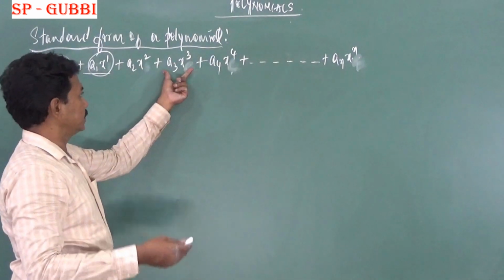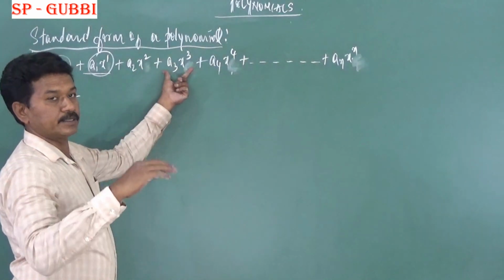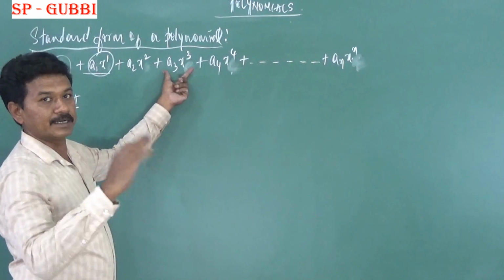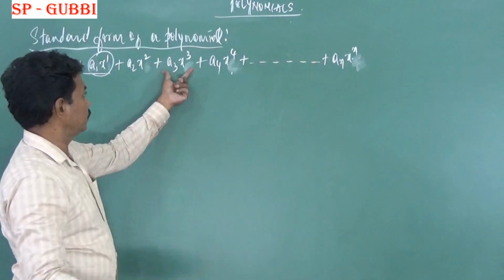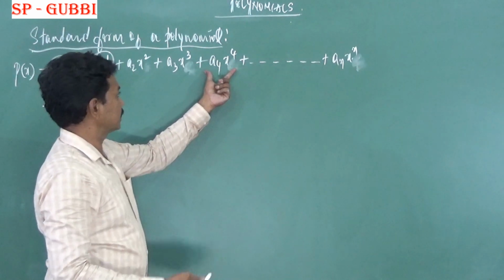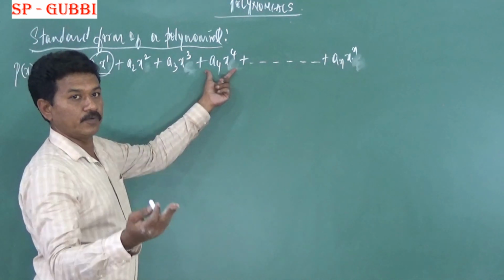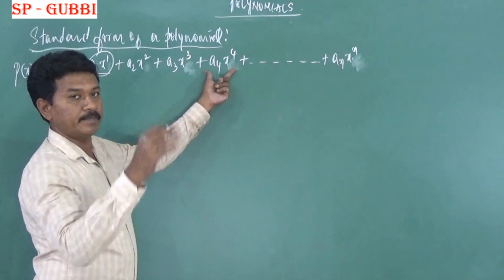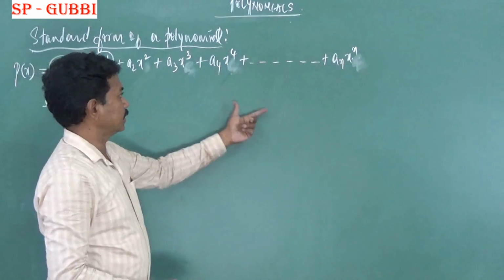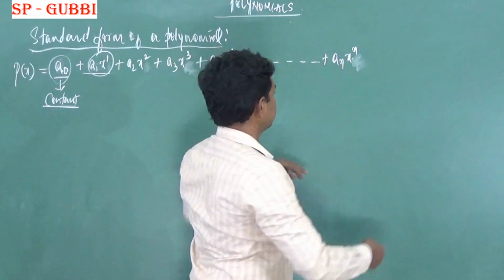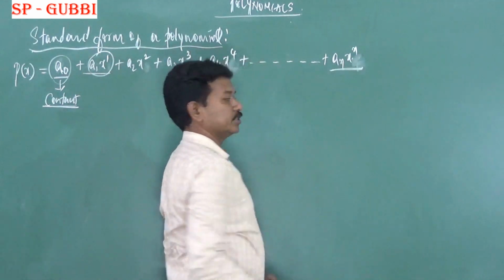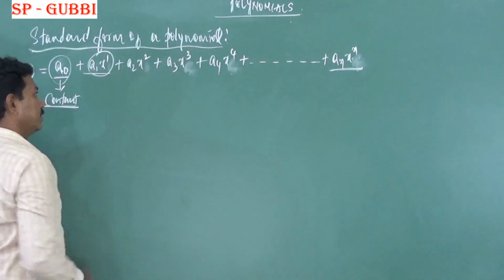A3 x cube represents 3x cube, minus 4x cube, minus 100x cube, minus 200x cube, something like that. This represents 9x to the power 4, 20x to the power 4, minus 100x to the power 4, 3 by 2x to the power 4, something like that. And A n x to the power n is the general form of each and every term of the polynomial.